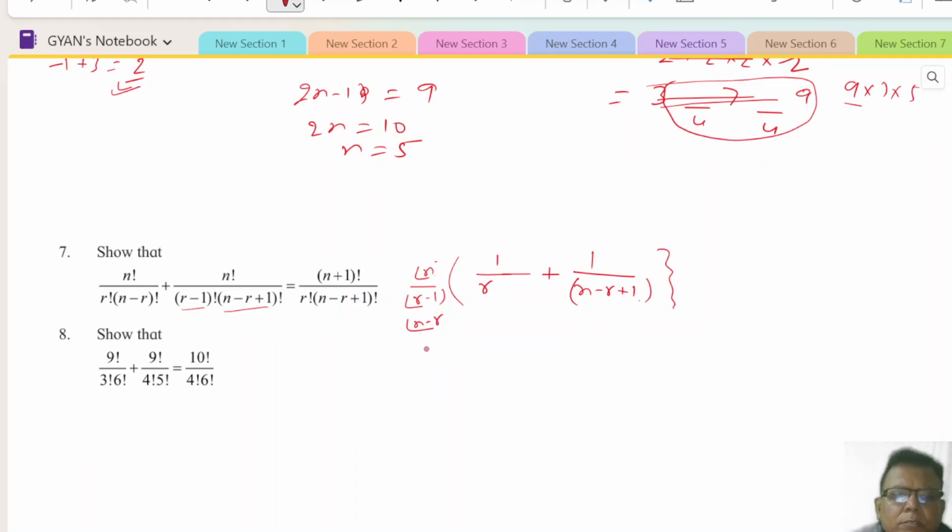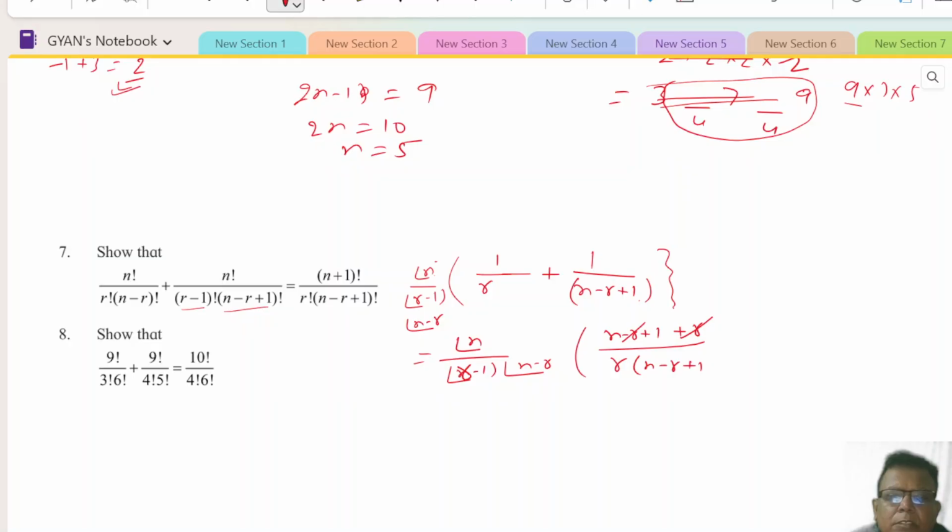So again, factorial n divided by factorial r minus 1 and factorial n minus r, and here r into n minus r plus 1, that is n minus r plus 1 plus r.